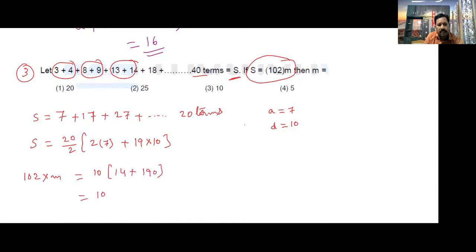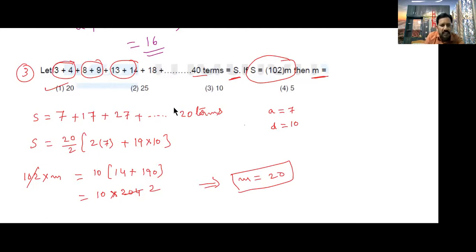This is 10 into 204. 102 times 2 is 204. So what is the m value? 2 into 10, 20. So the m value is 20. They are asking only the m value. Which option is correct, students? First option correct. This is a very easy question.